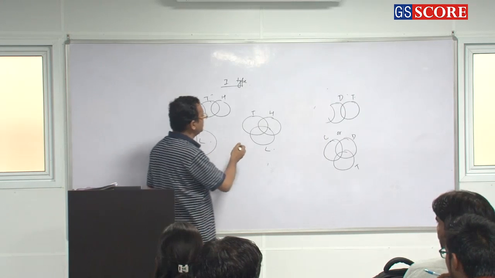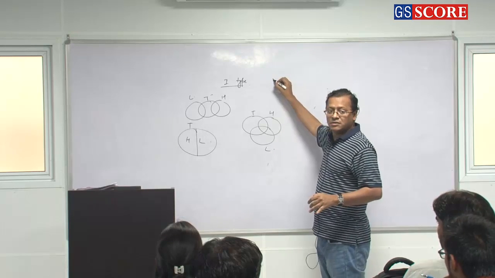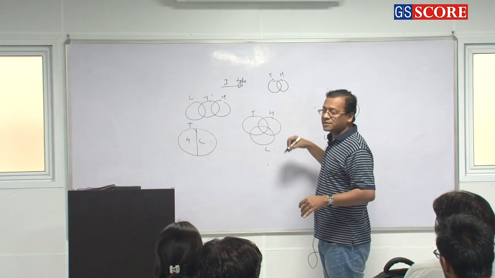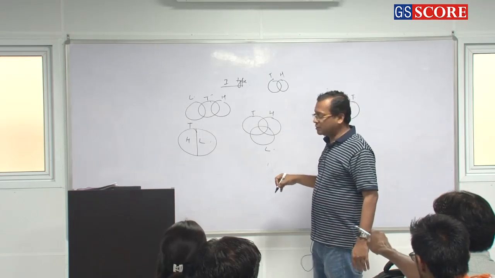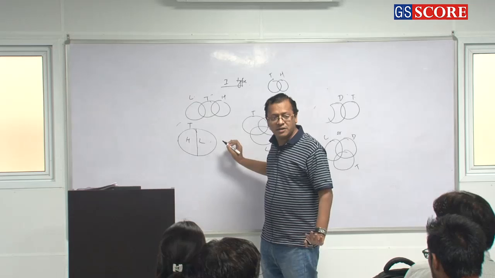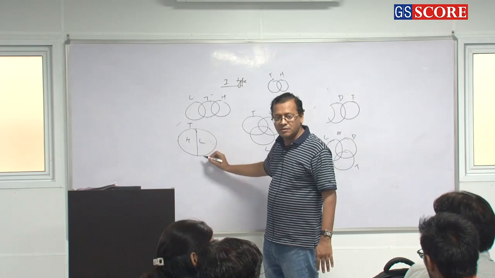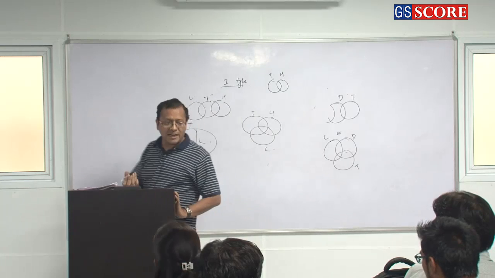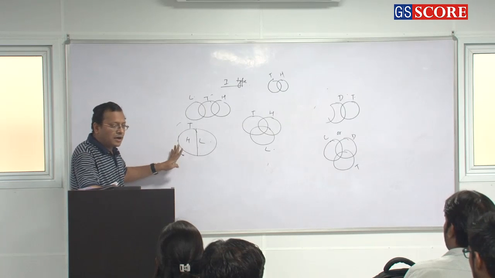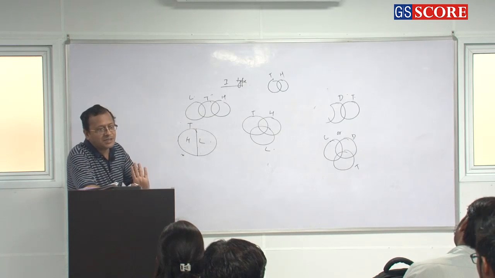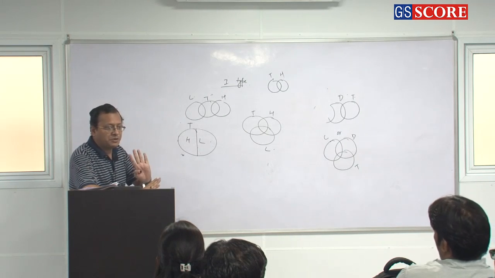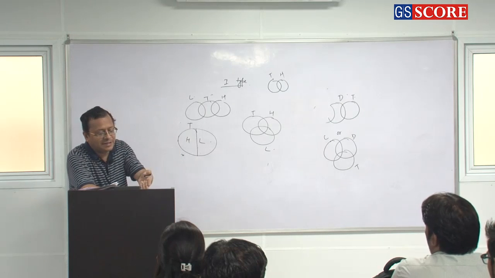Only this circle is there. No taxi has horn or light, which means there is a region here as well. No problem. I have combined this. Now you have to see the options as well, because you cannot lengthen the question. There is a possibility here as well.